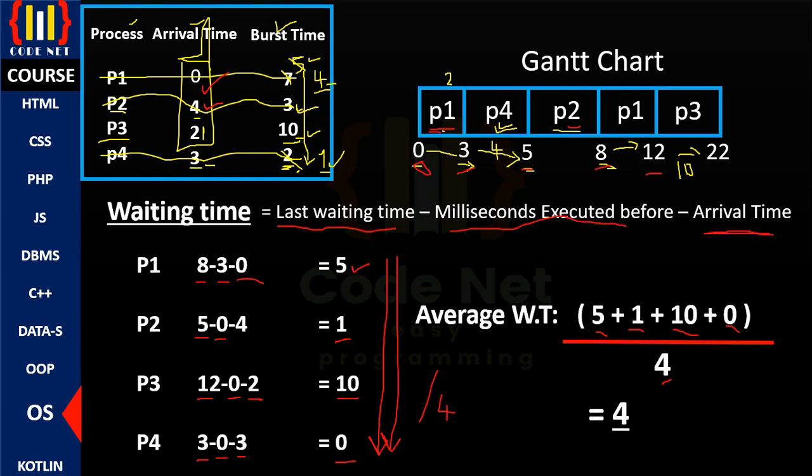What is the average waiting time? Definitely the average waiting time is 4, and the unit is milliseconds, ms, because they are being executed in milliseconds. So this is the actual representation of shortest job first as a scheduling algorithm based on a preemptive understanding.